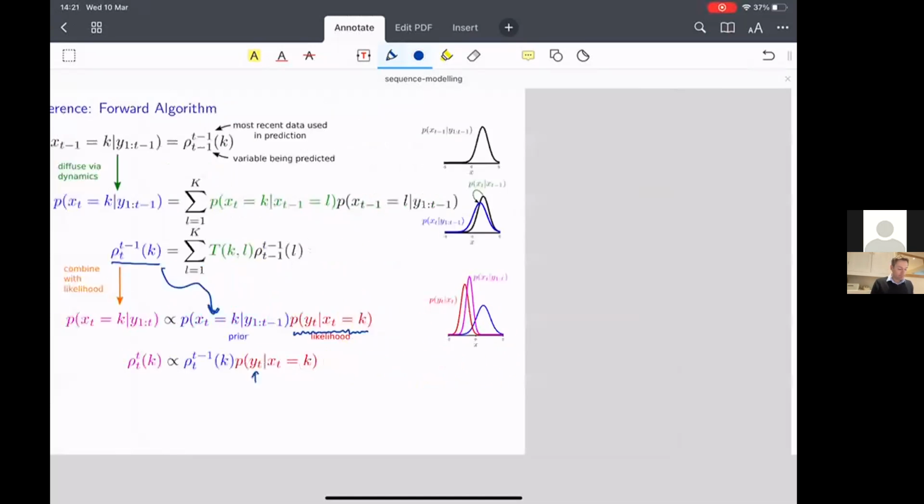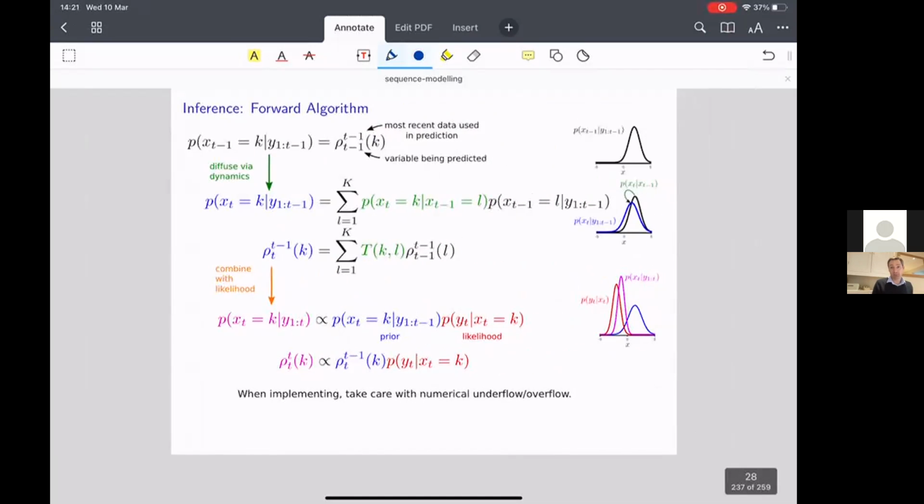In general, you have to be a bit careful when you implement this. We just need to implement this line and this line on a computer. Just two lines, simple to implement, inside a loop with some sort of initialization to get things started. In practice, you have to take care. It's easy to run into numerical underflow or overflow. You're constantly multiplying by densities, which could be really small or really big, and that can cause numerical instabilities.